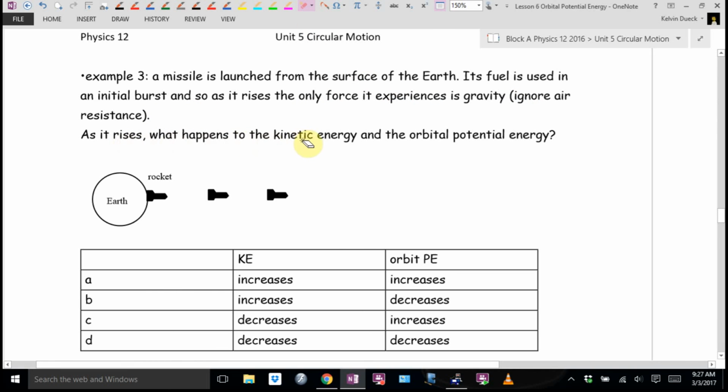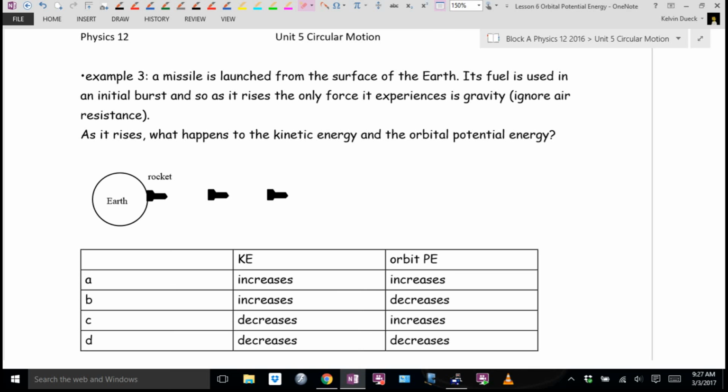As it rises, what happens to the kinetic energy and the orbital potential energy? Well, first of all, as it rises, what happens to its speed? It goes faster? Remember, I said we're firing all of our fuel at once and then coasting the rest of the way. I think it's going to slow down because gravity is tugging it down.